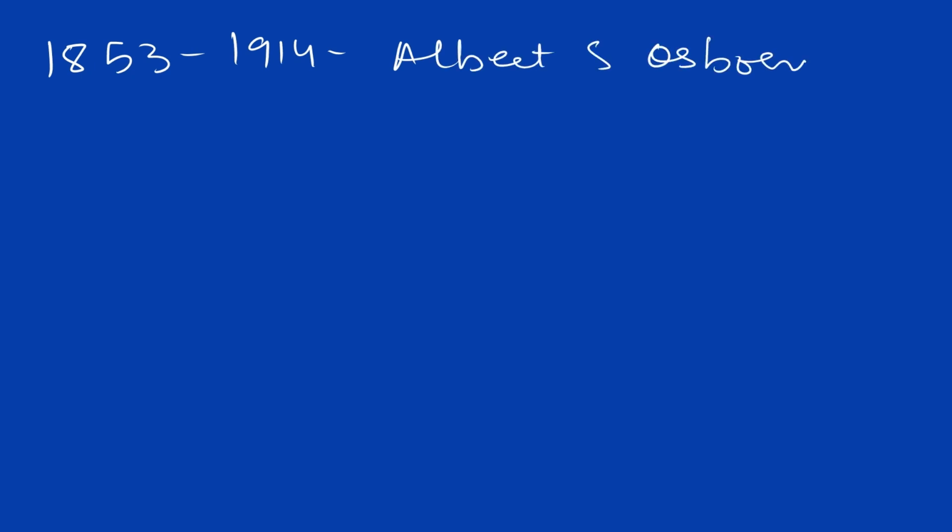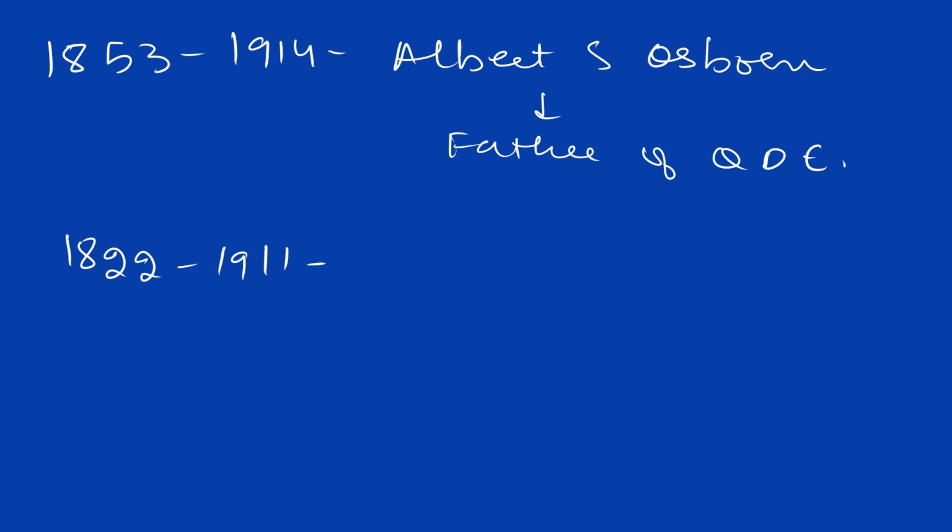Moving on, from 1853 to 1914, Albert S. Osborn, who is also known as the father of questioned document examination, published his book called Questioned Documents. From 1822 to 1911, Dr. Edmond Locard gave his exchange principle, and he is known as the Sherlock Holmes of France.